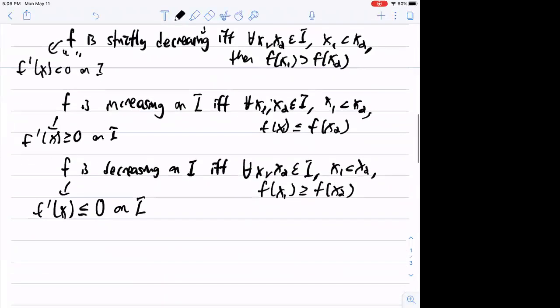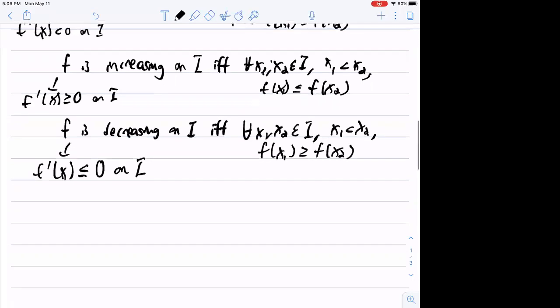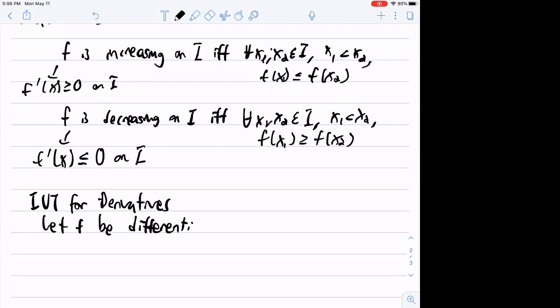Hopefully that's clear, if you think of a line with slope 1, it looks like it's increasing. Okay, so IVT for derivatives. This part's important. Let f be differentiable on (a,b).